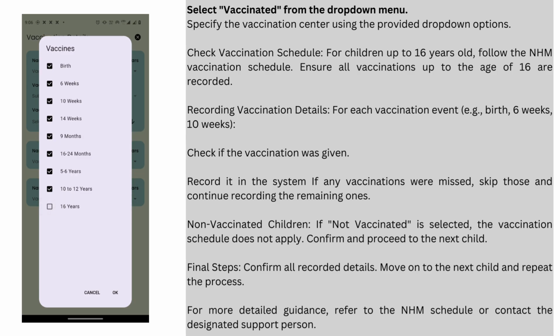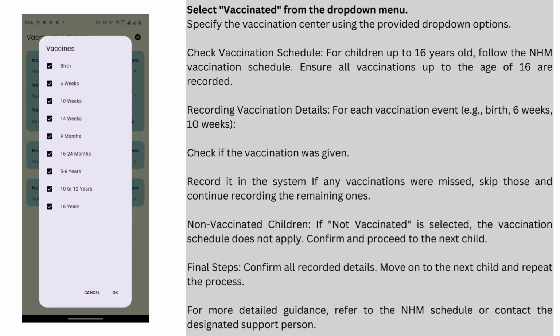Since this particular child has attained 19 years old, all the schedule slots have been provided for the person to identify and tick. If the person has been given vaccination during birth, then at 6 weeks, and 10 weeks. In case any vaccination has been skipped in some of the months or during some of the schedule, she might skip that one and continue with the remaining.